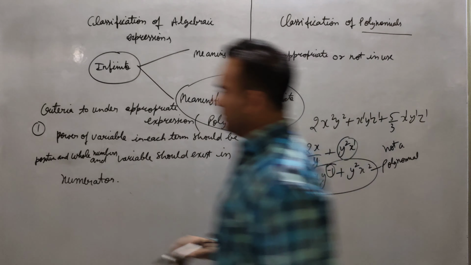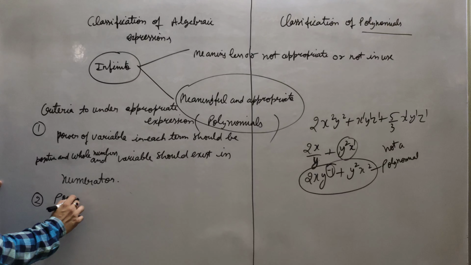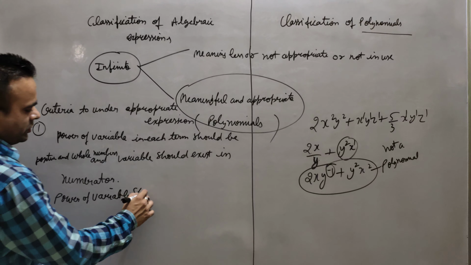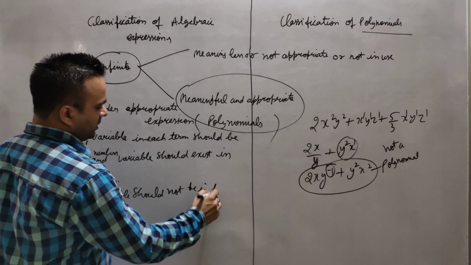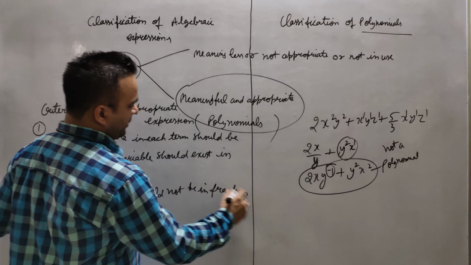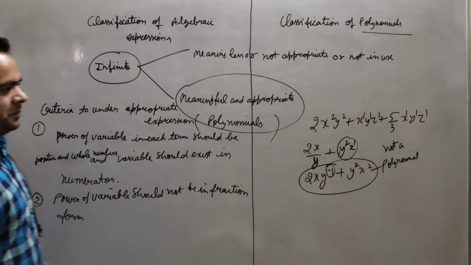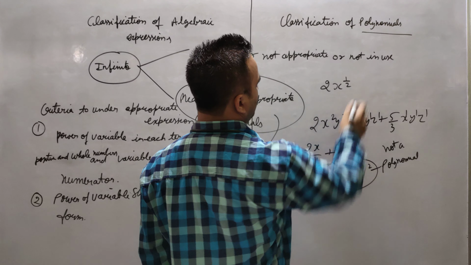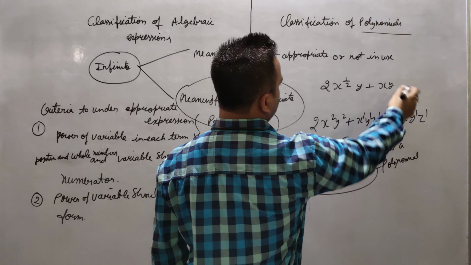One more criteria. What is that one? Power of variable should not be in fraction form. Fraction form means, suppose I am having 2x raised to the power 1 upon 2, and y plus xy.